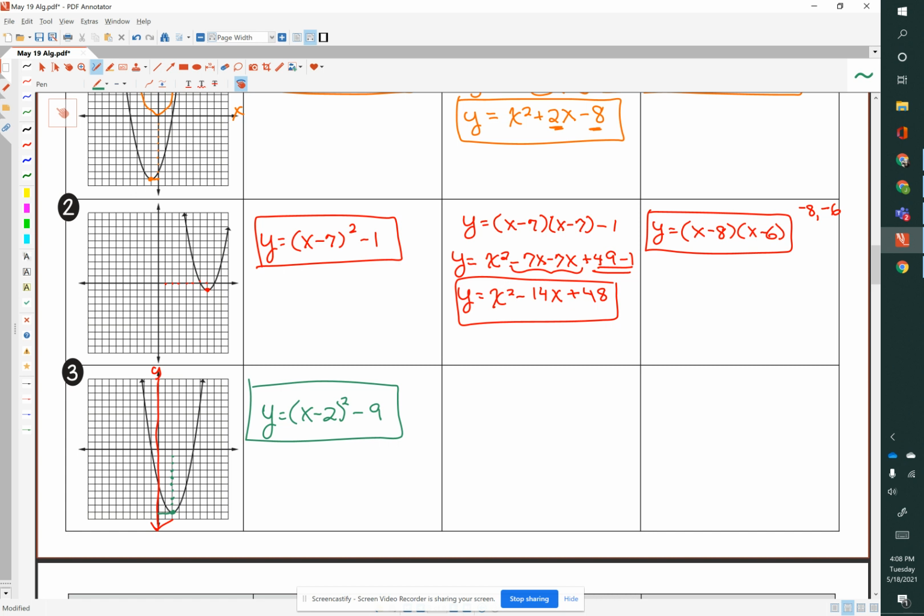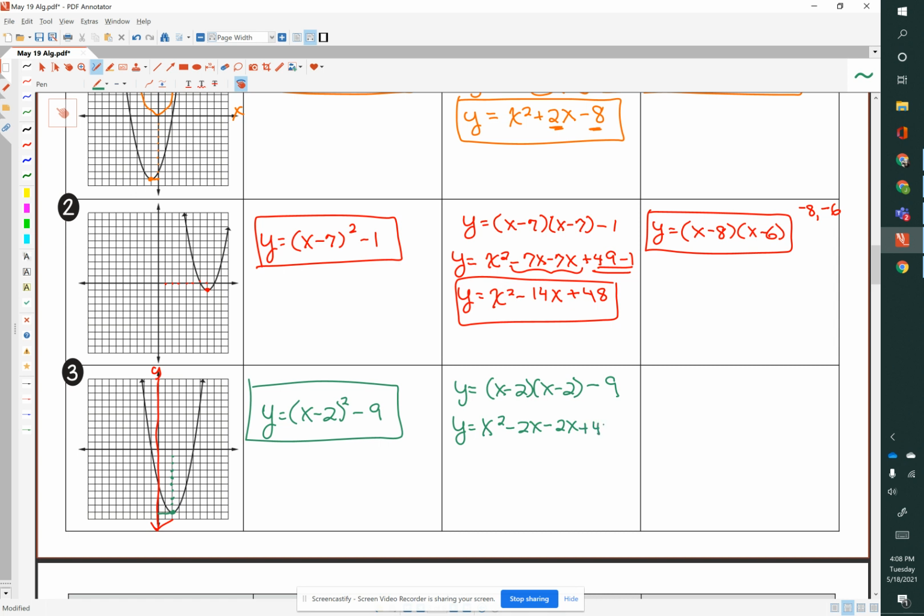And for our standard form, we'll convert this. We have y equals x minus 2 times x minus 2, minus 9, and let's FOIL, which gives us x squared minus 2x minus 2x plus 4.